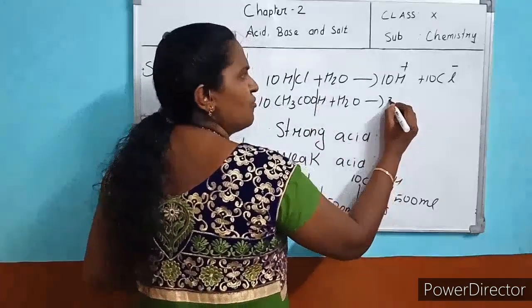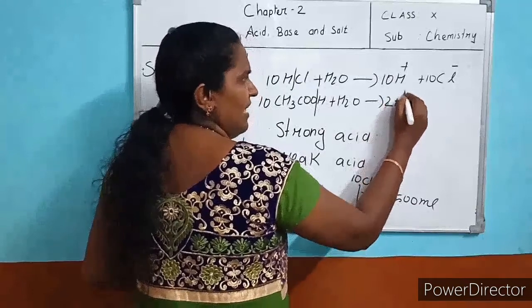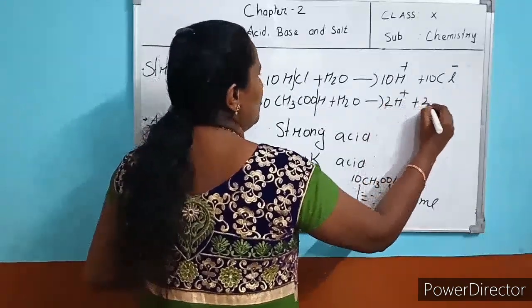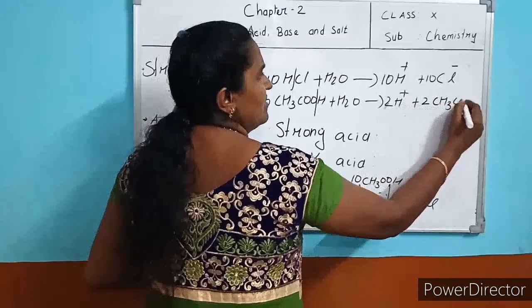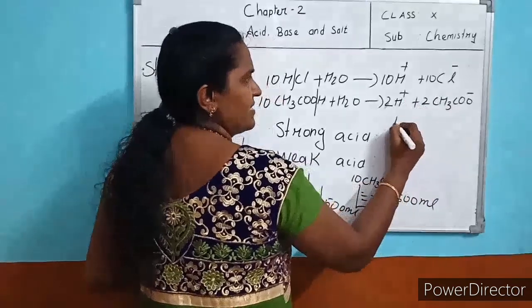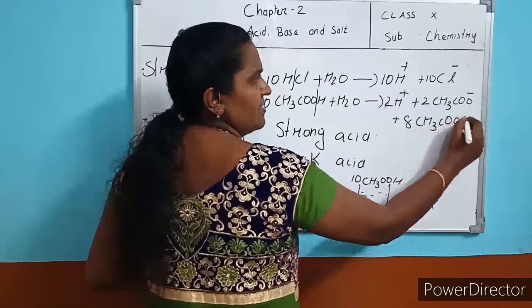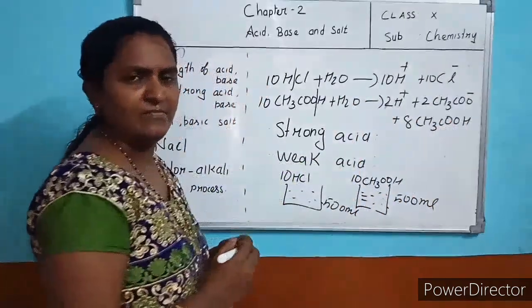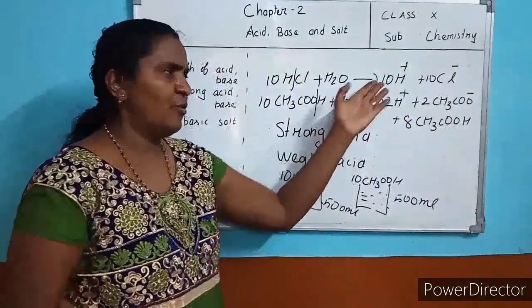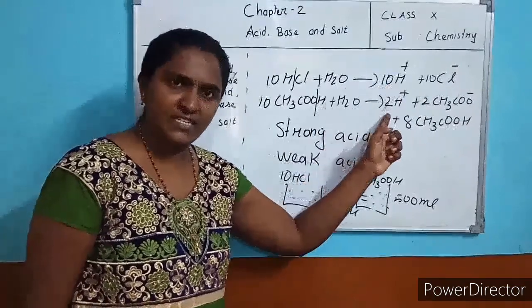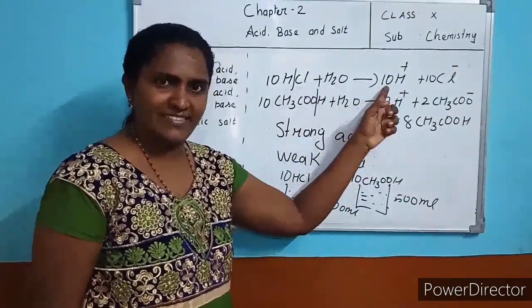Maybe 2 hydrogen ions and 2 acetate ions, and the rest 8 molecules remain as acetic acid. Understand?